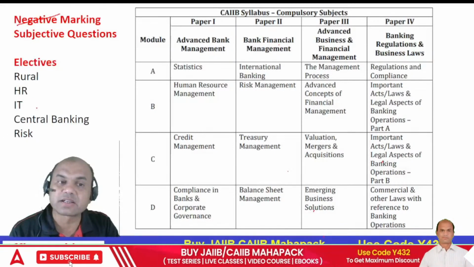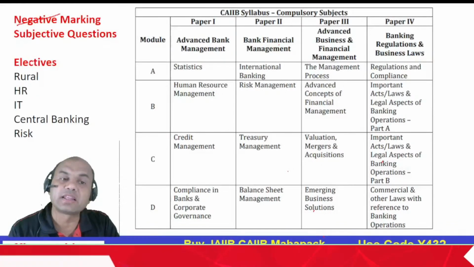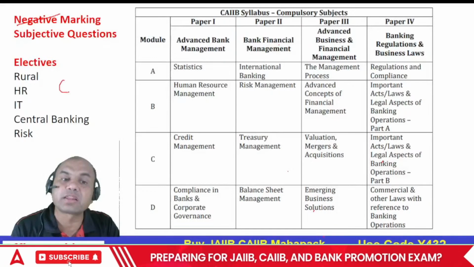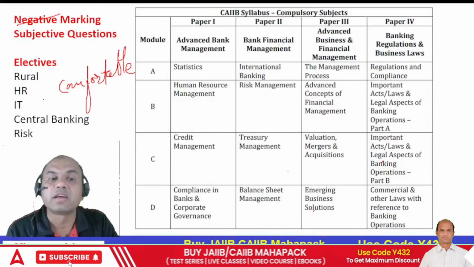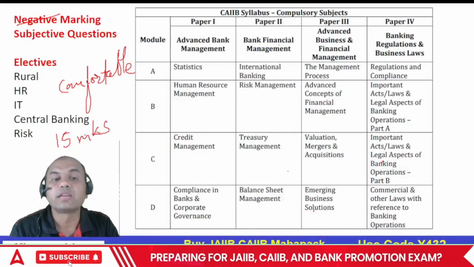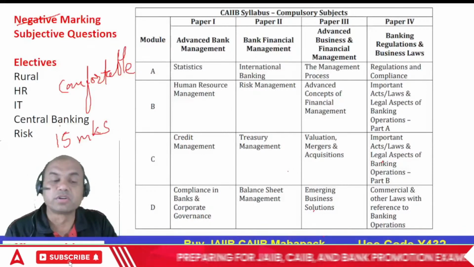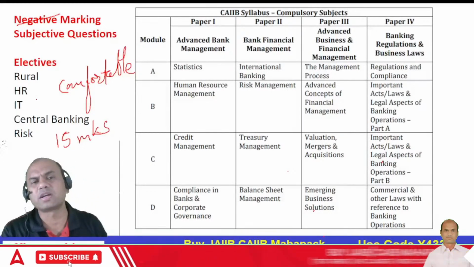Don't select the elective based on the stream you wish to go into. Select the elective in which you are comfortable, where you can definitely clear it. At least 15 marks you can get without studying. That is important. If you can get 15 marks without studying, the remaining things you can definitely study and clear.